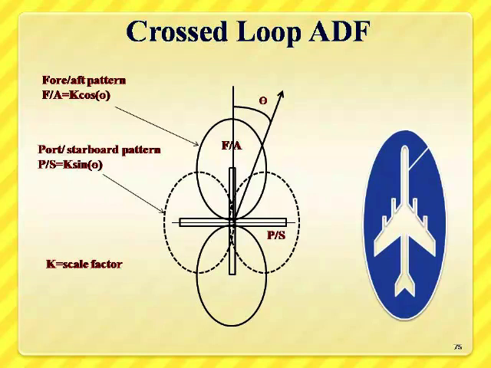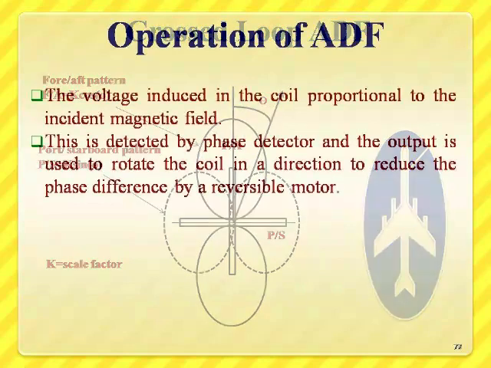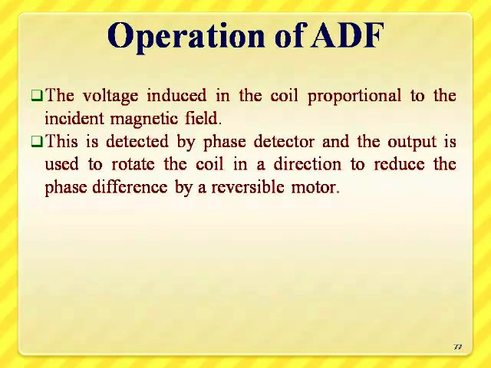The block diagram of this crossed loop ADF is shown in this figure. The voltage induced in the coil, proportional to the incident magnetic field, will be V cos theta or V sin theta. This is detected by a phase detector, and the output is used to rotate the coil in a direction to reduce the phase difference by a reversible motor.